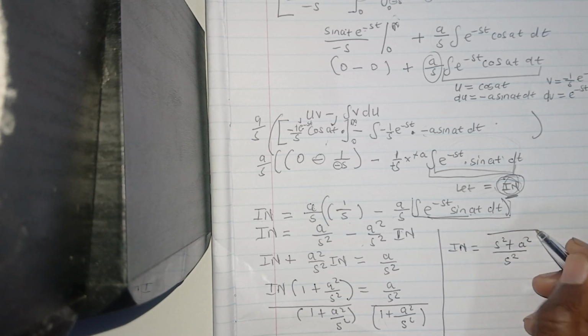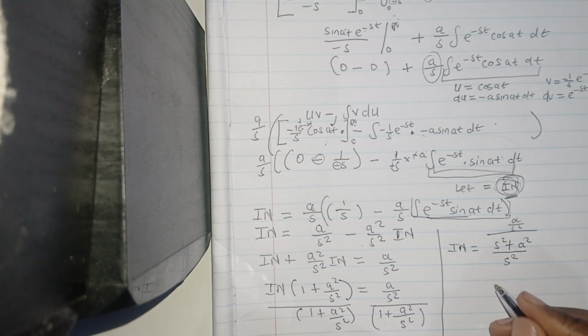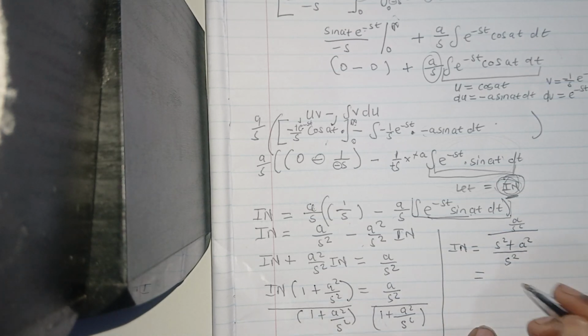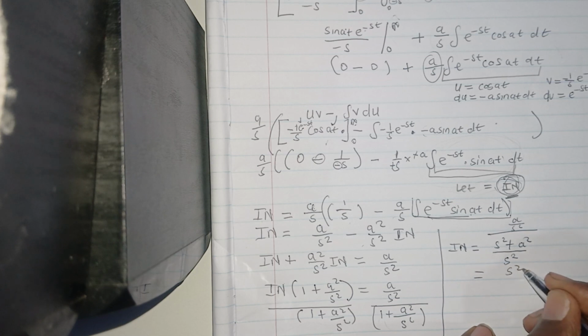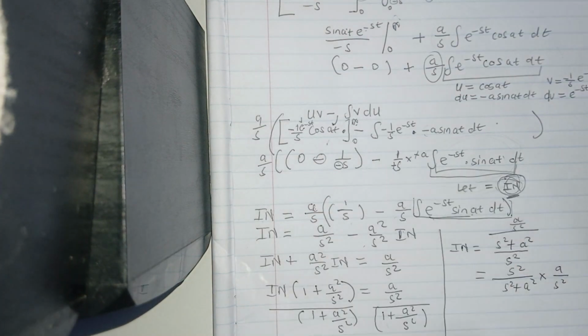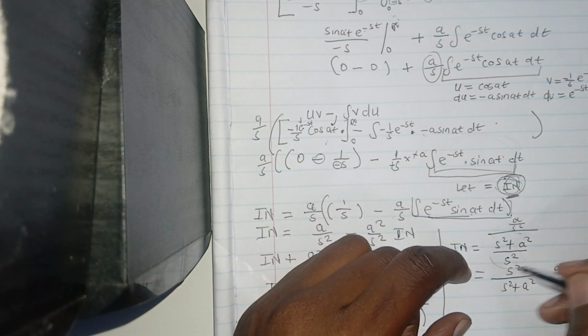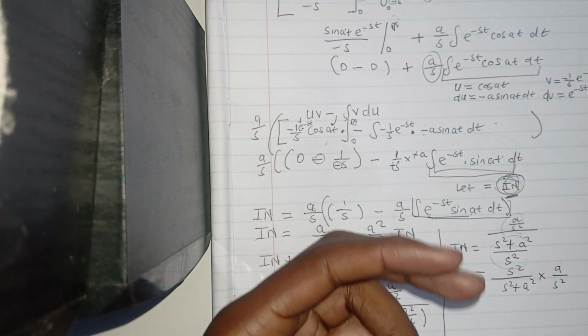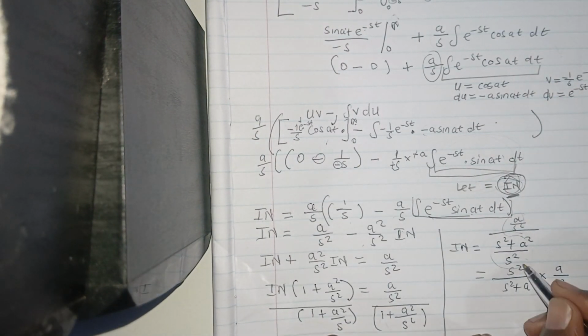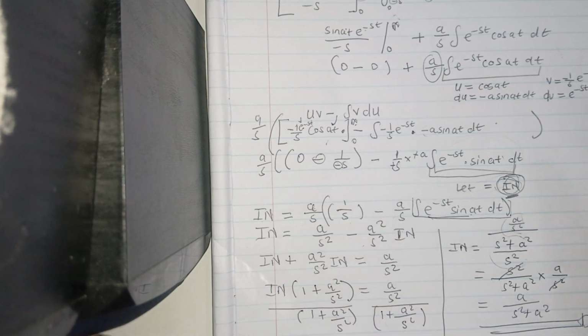We still have this at the numerator, then we can just say s squared over s squared plus a squared. We were taught that we have to deal with it like that. The denominator will flip, and after flipping, this one won't do anything. So this will cancel this, and then we have a over s squared plus a squared. So now we are done.